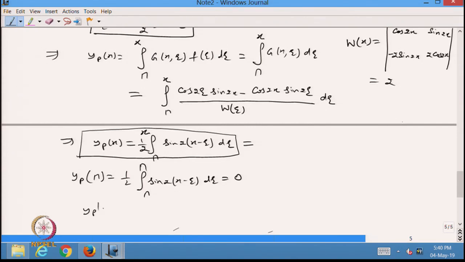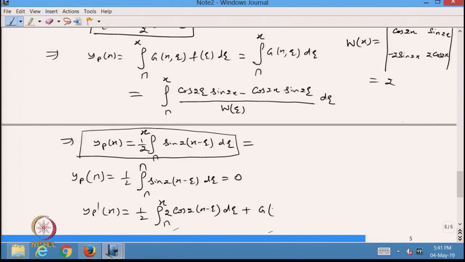Then y_p'(x) will be, taking the derivative, cos 2(x minus ξ) into 2, into 2 dξ plus, then we found the Green function.